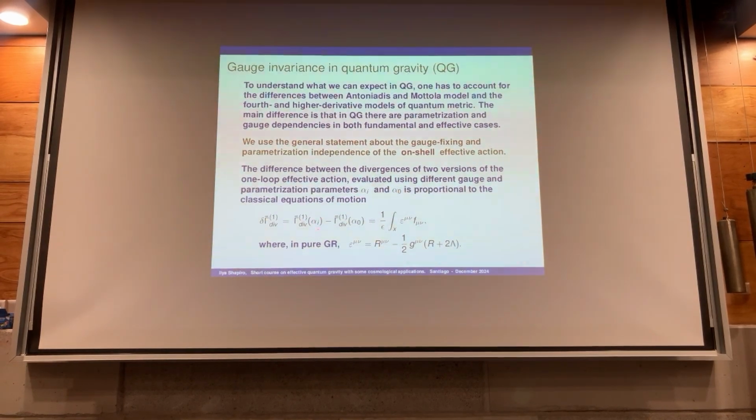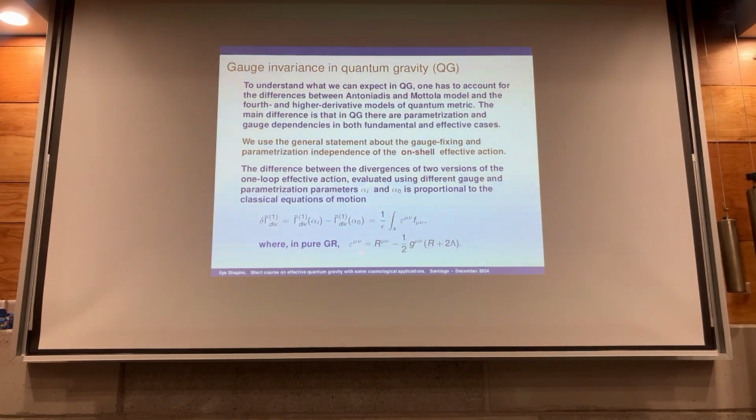And alpha 0 is some particular choice which you like for some reason, like simpler calculations, for example. Then general theorems tell us that the difference between two divergences, only divergences, is proportional to the classical equations of motion.